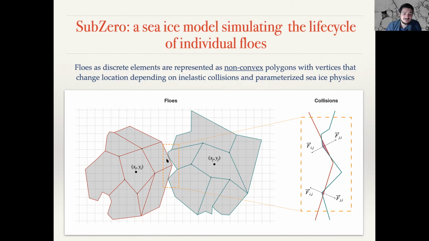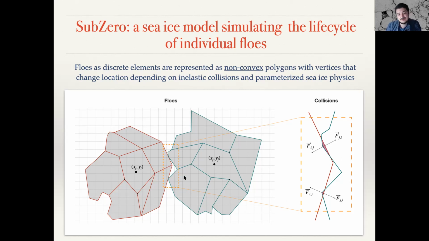And of course, the engine of any discrete element model with particles is the collisions operator. It takes some effort to figure out what the collisions are supposed to be, even if you assume that collisions are, say, purely elastic. In the case of collisions of two bodies like this, it's fairly difficult to do if they are non-convex.